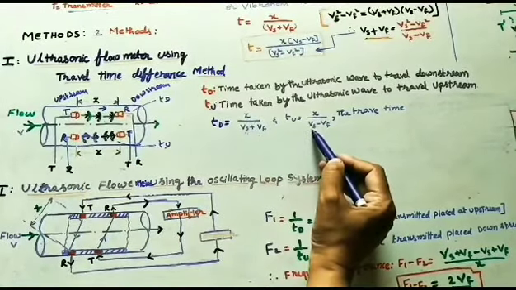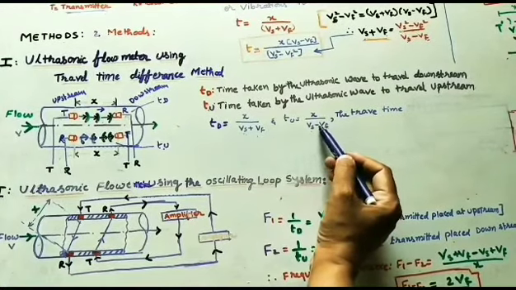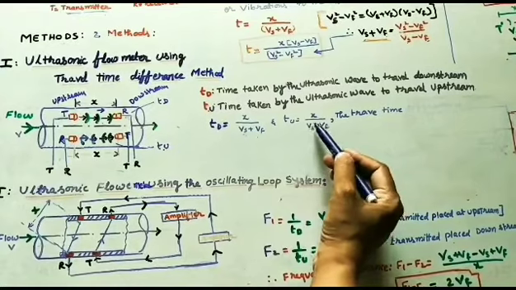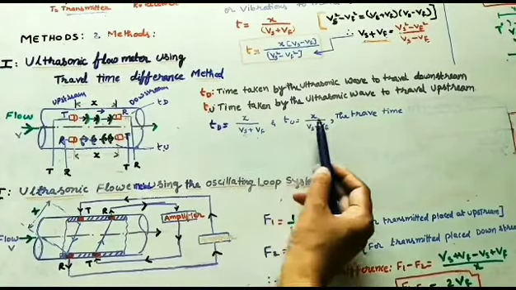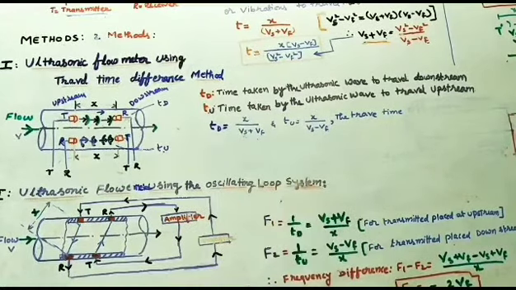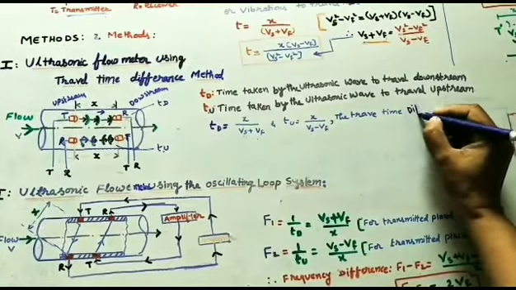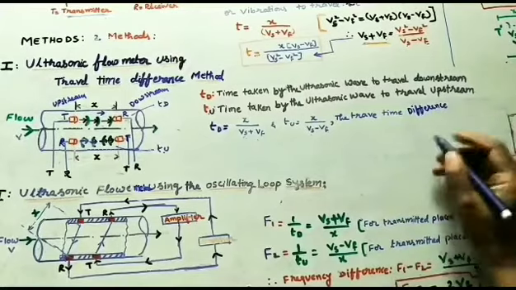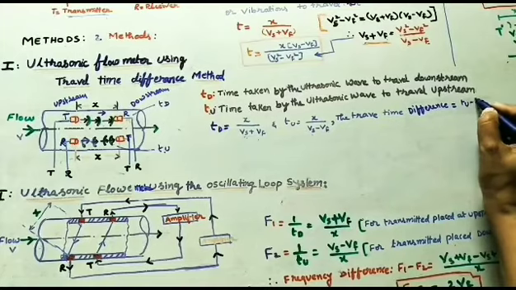We have to take the sound velocity minus Vf. Why are we not considering Vf minus Vs? Because the sound velocity, as we know, is more compared to the flow velocity. Now how to find the travel time difference? The travel time difference is equal to TU minus TD.